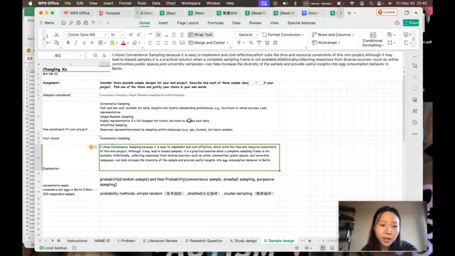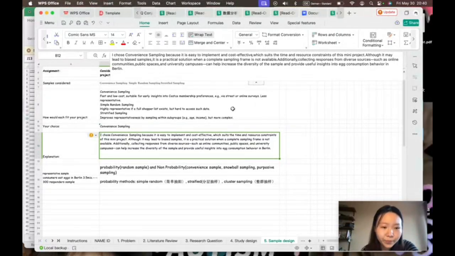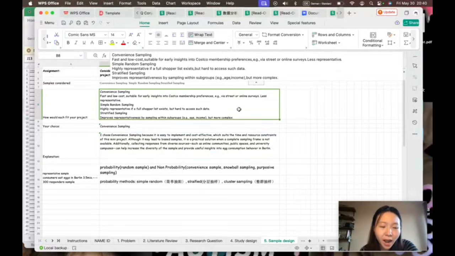Simple random sampling is highly representative if a full shopper list exists, but such data is hard to access. Stratified sampling improves representativeness by sampling within subgroups, but is more complex. So I chose convenience sampling.